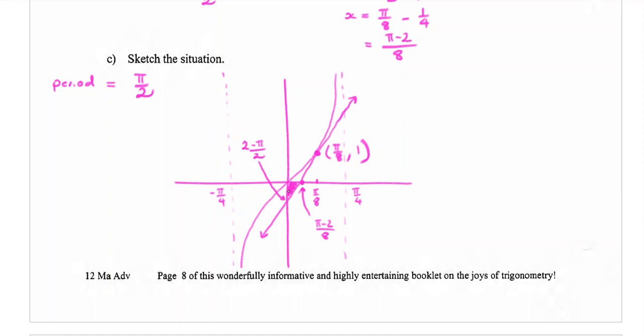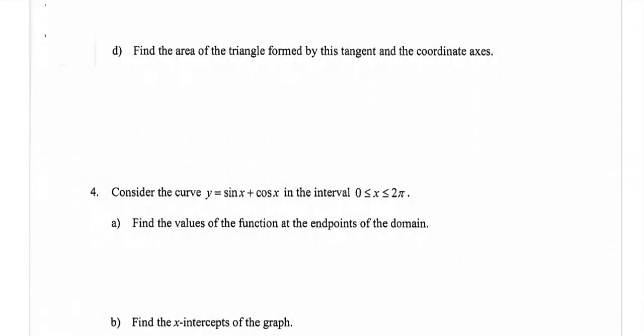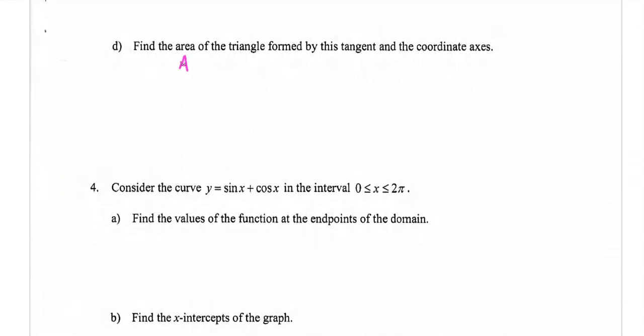The base would be the pi minus 2 over 8. And the height would be that one, but it should be negative. That's a negative number, so we want a positive over that. We don't want a negative area. Okay? So let's put that in. Area equals half base times height.